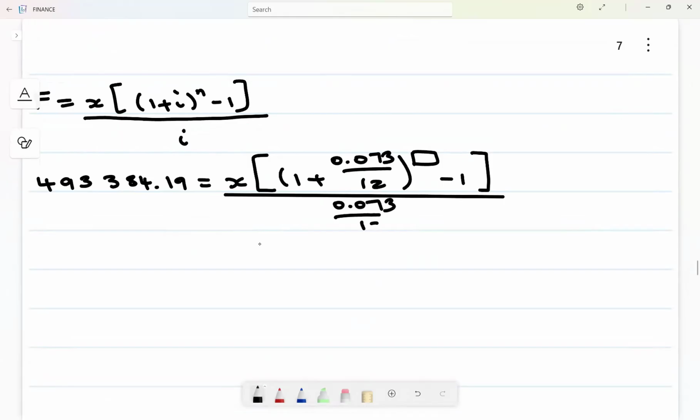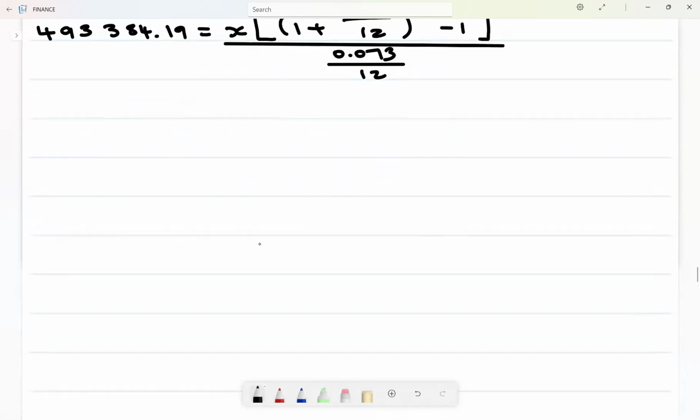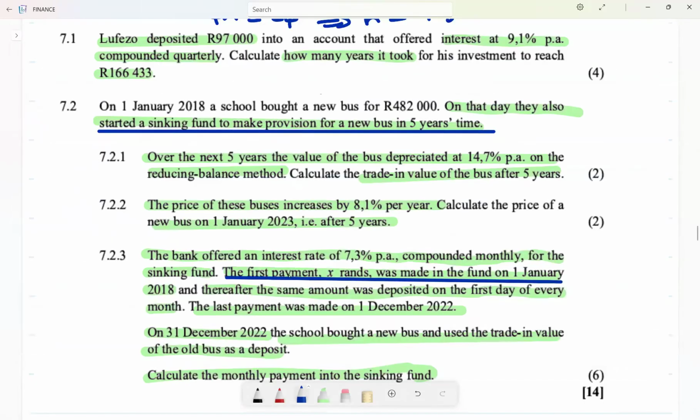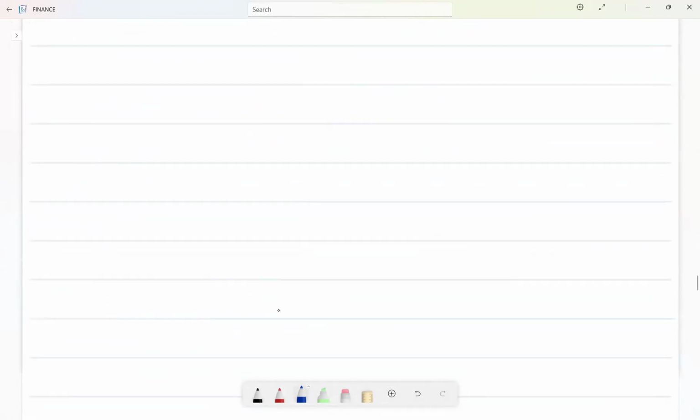Again, n was supposed to be for 5 years, right? It's supposed to be for 5 years. Okay, let me count with you so that you understand. I want you to count with me so that you understand exactly what I'm trying to say here. Remember we said where are those? Okay, I will repeat this process.